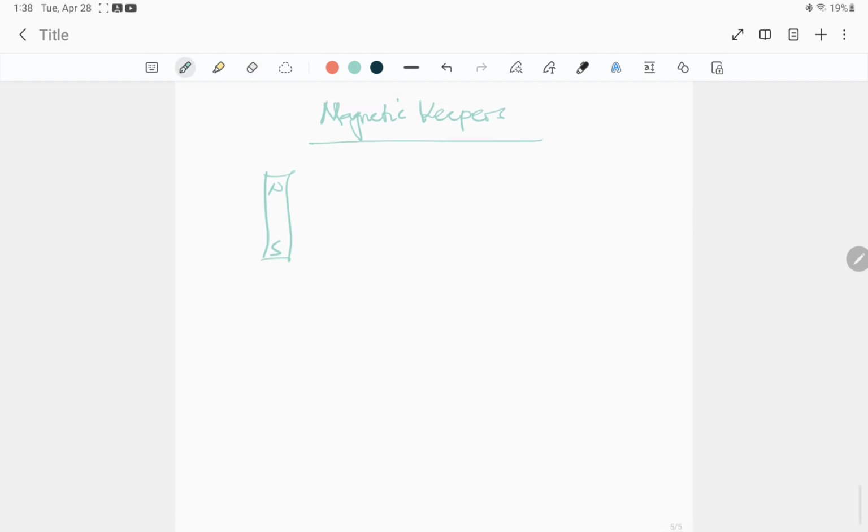If it is left like this for some time, it will become demagnetized, or its strength will be reduced, because the magnetic field lines of this magnet are interacting with the magnetic field lines of the Earth. As a result of that interference, these magnetic field lines are not being kept to form a circuit like this. But if they are forming a circuit like this, this magnet will retain its magnetism or its strength for some time.